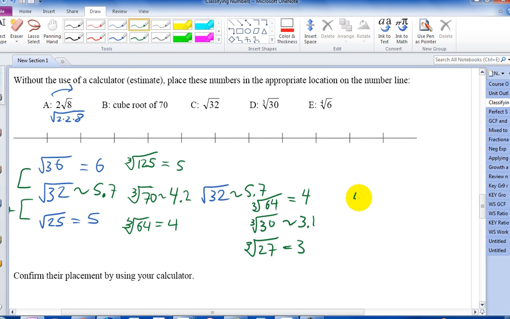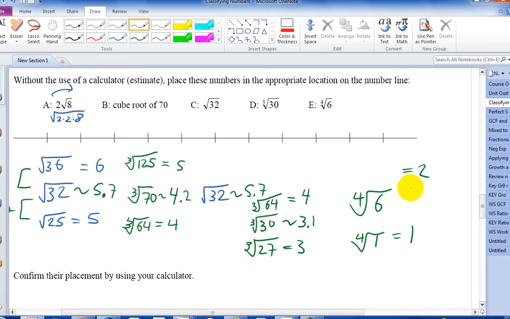Okay. Let's try this one. Now, it's very inaccurate once your index gets up to 4. So what's a 4th root? Well, what's 1 times 1 times 1 times 1? 1. The 4th root of 1 equals 1. What number is above 1? 2.